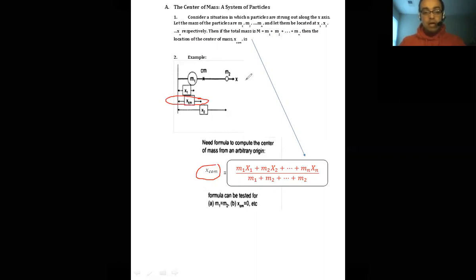And we can imagine extending this to an infinite number of particles out along this x-axis. Incidentally, when you're dealing with some sort of solid object like a ball, you can think of that as being an infinite number of infinitesimally small particles, all of which are contributing to the center of mass calculation of that particular object.